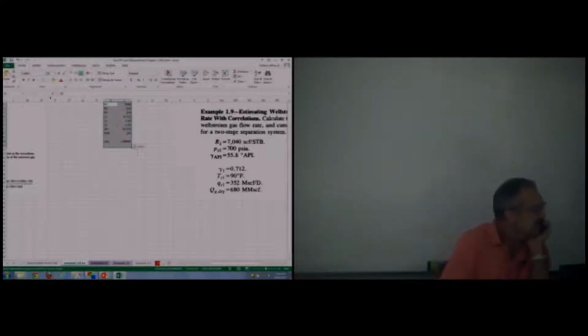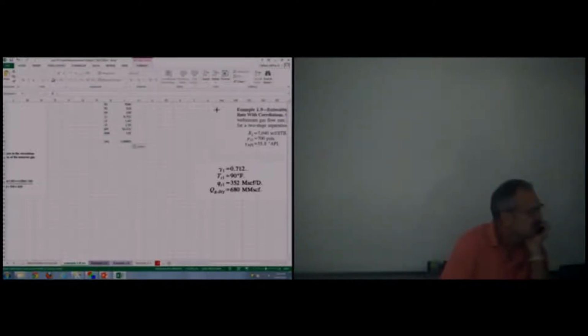Now the other way to do this is go solid point. Now, try to satisfy everybody. Okay, R1 is 7040. Look at this. Same reservoir. Okay, we don't know R2. We don't know R3. Gas gravity is 712. It's the same.